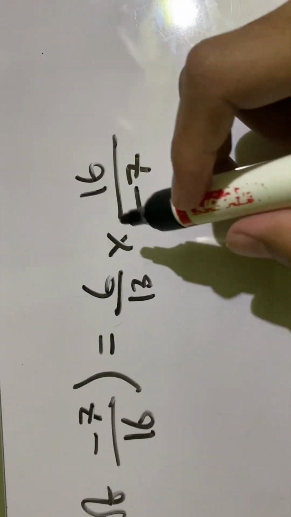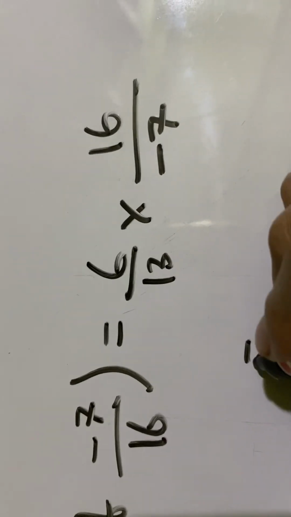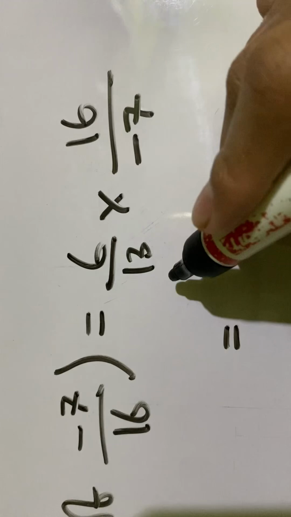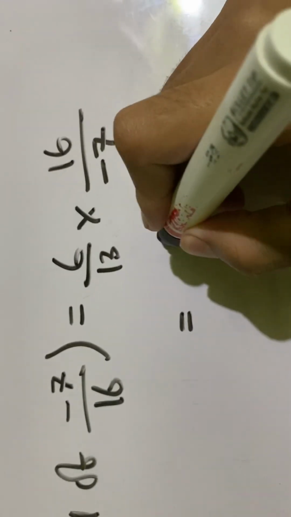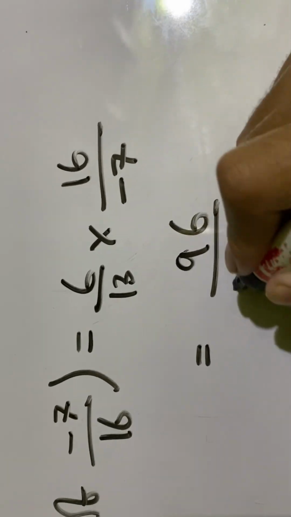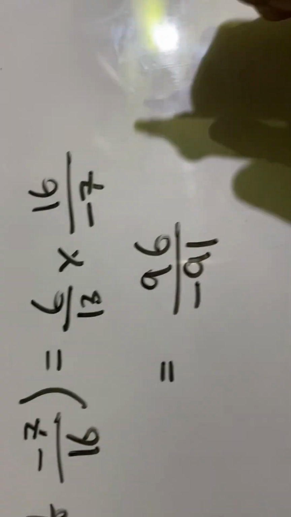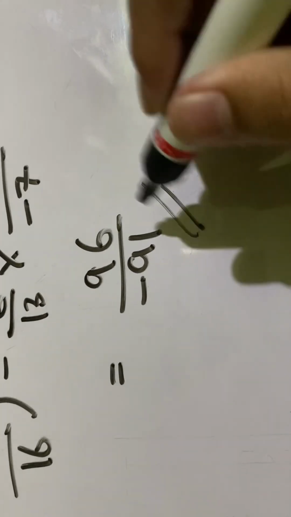Okay, then we'll multiply this by this and this by this, so we will get 96 by minus 91, and this is the answer of question number 6.